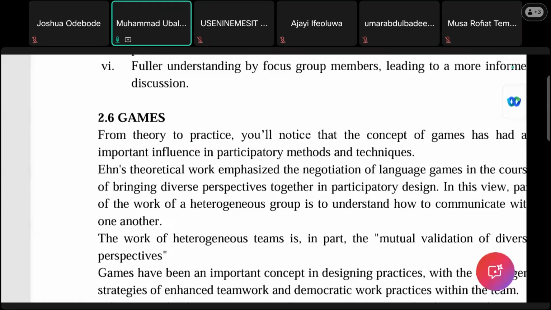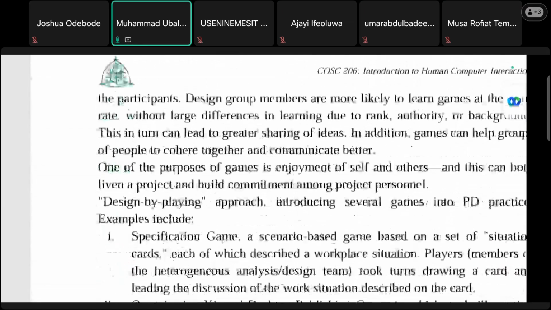Somebody may be bored and they may not be interested in solving a particular problem. But knowing that a game has been selected as the method of participatory design, they participate unknowingly. So it improves communication and it reduces autocracy as well as bureaucracy. So this is one thing about game theory.